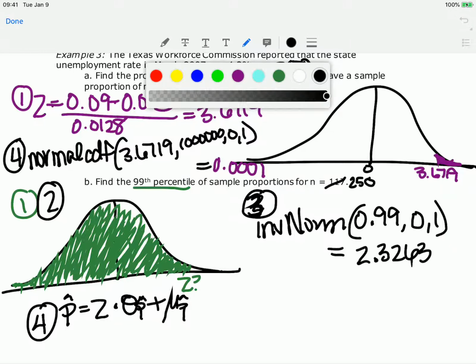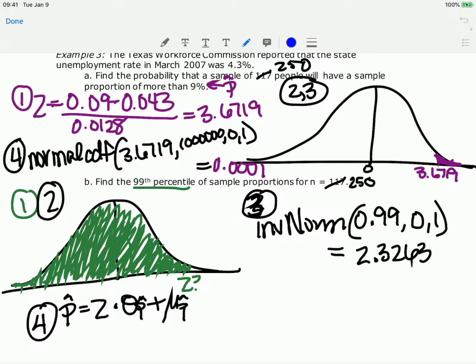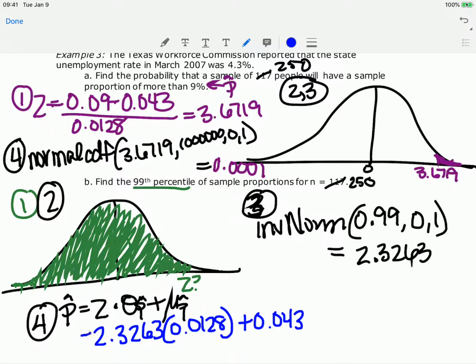So our z-score is 2.3263 times 0.0128 plus 0.043, and that's going to give us p hat.